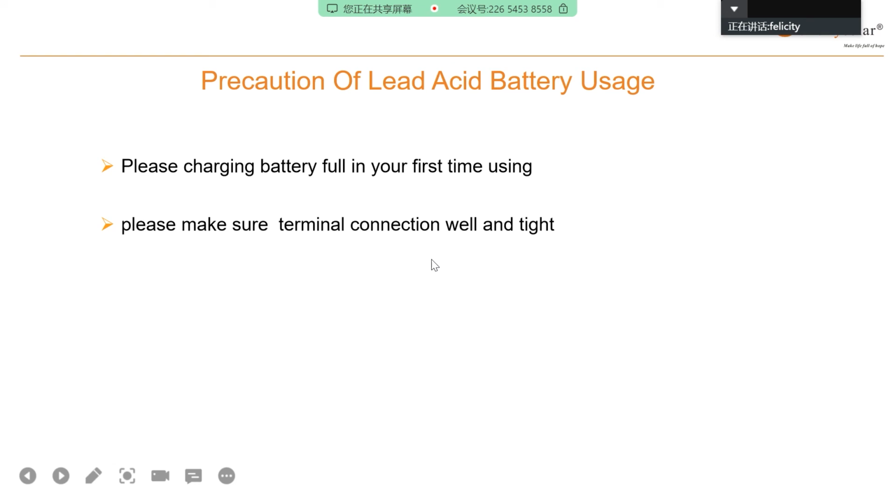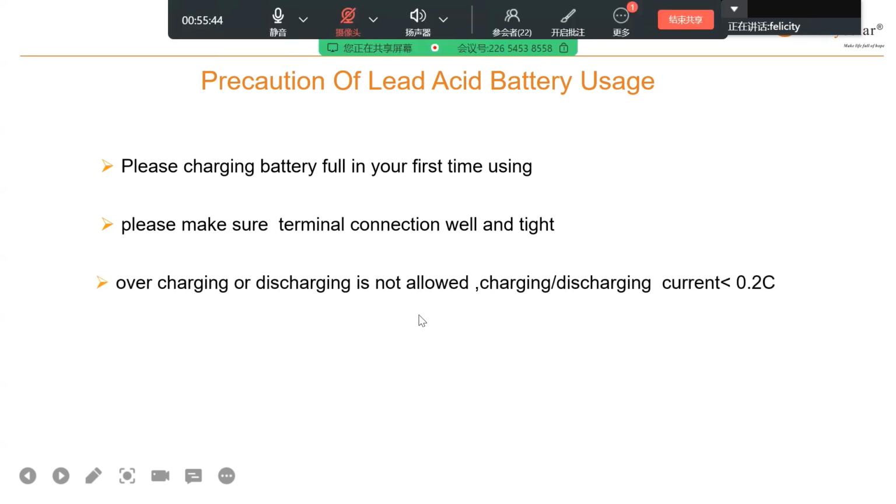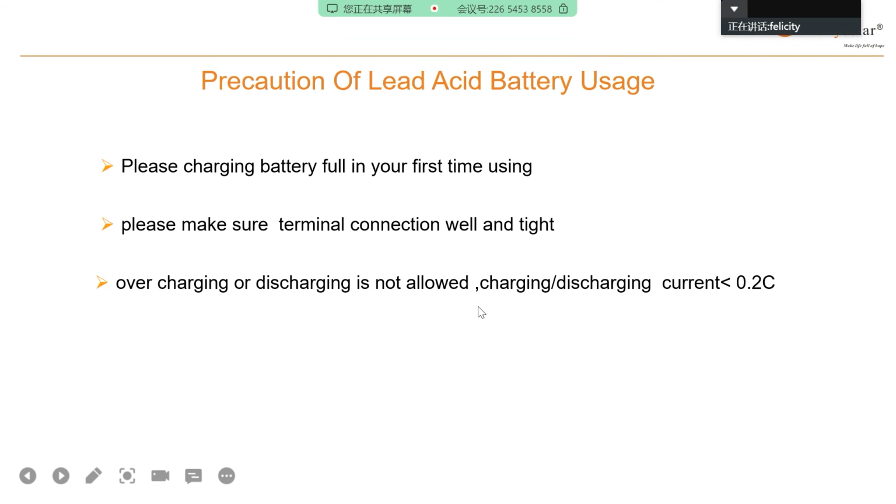And third, overcharging and over-discharging are not allowed. Keep the charging and discharging current less than 0.2 C. As I mentioned, we recommend 0.2, and the maximum should be better less than 0.3. Otherwise, it will affect the battery usage life.